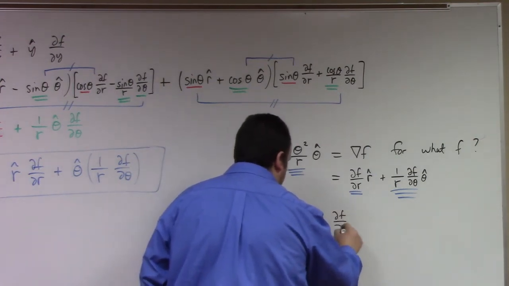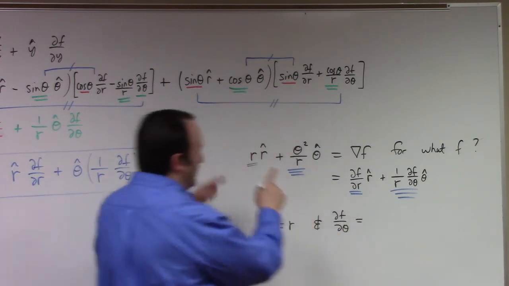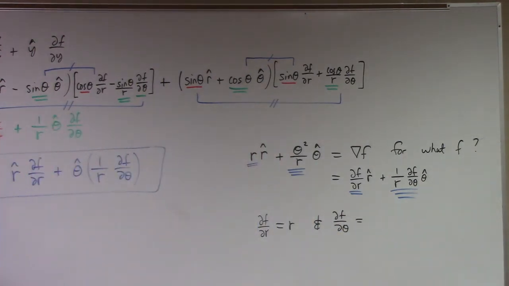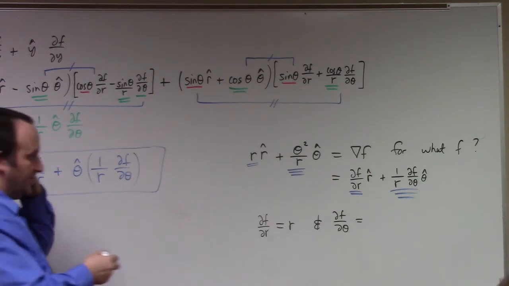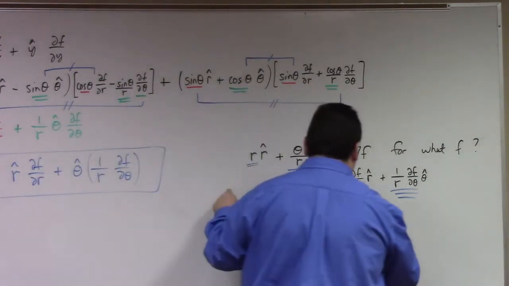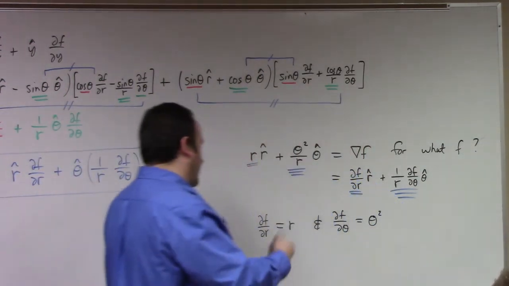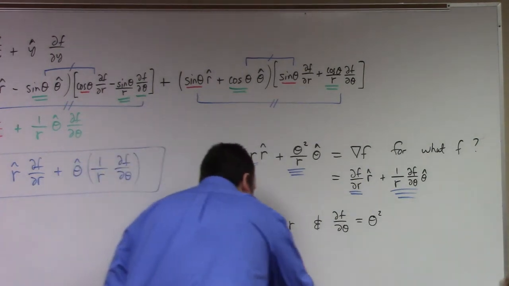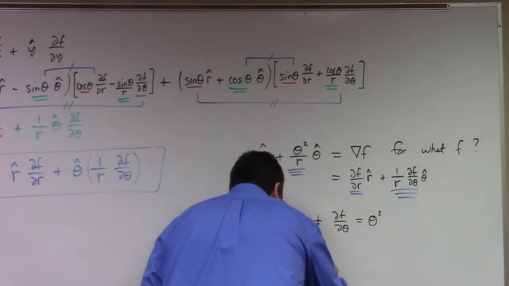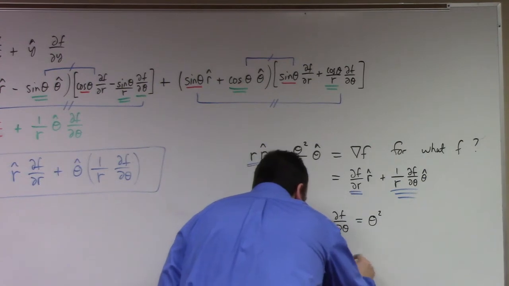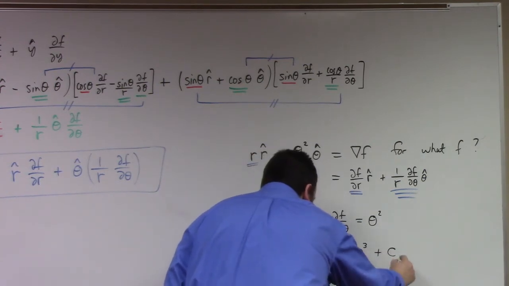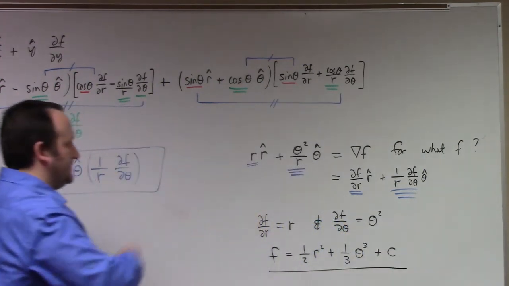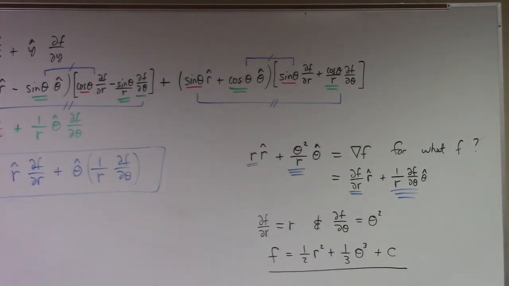Partial f partial theta equal to, notice the 1 over r's cancel? Yeah? That was on purpose. So partial theta squared. So what can we use for f? So for my made-up problem, there you go. That's a function which picks up r hat plus theta squared over r theta hat as its gradient vector, as its gradient field.